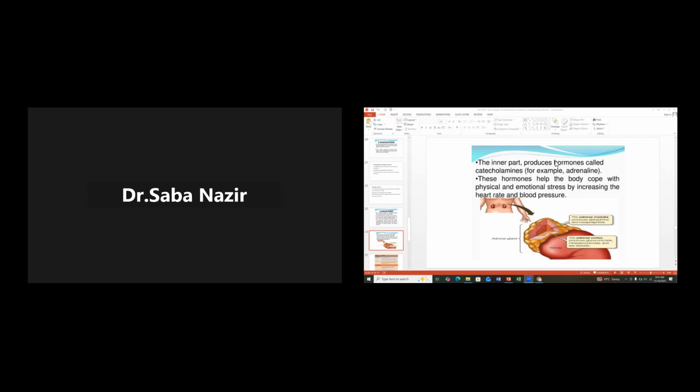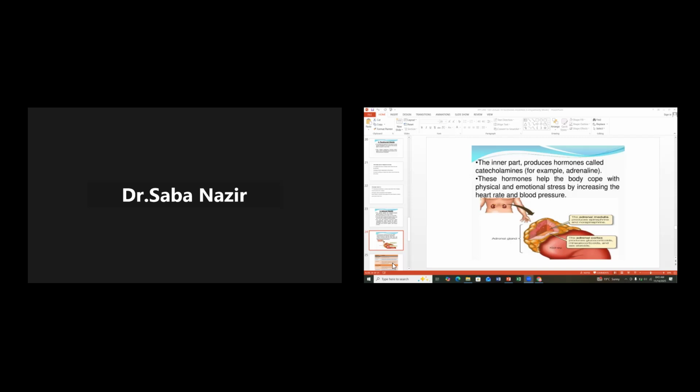We just can't say that it produces adrenaline and plays a role in the fight and flight hormone. The inner part is basically producing the hormone catecholamine, and this catecholamine is responsible to help the body cope with physical and emotional stress conditions, like when we are under stress and trauma.